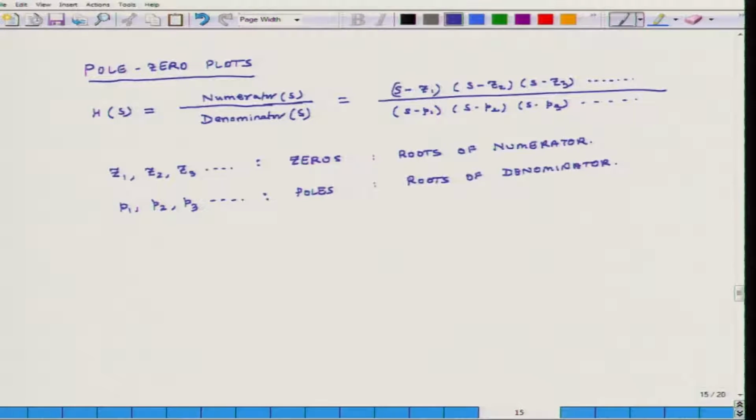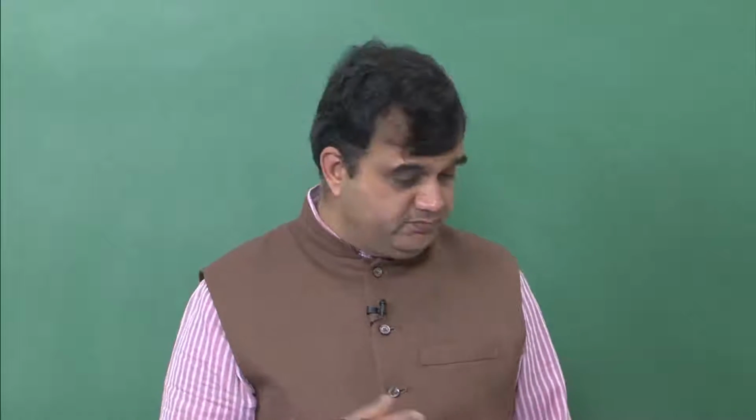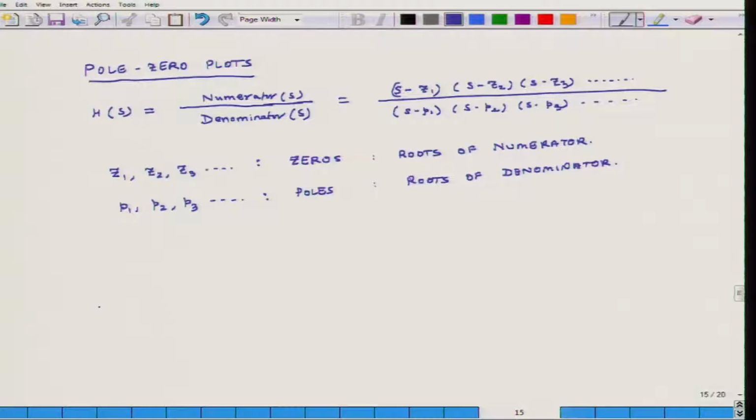So, when the complex frequency becomes equal to at least one of these roots of the denominator, then the value of the transfer function at that complex frequency becomes infinite. So, at poles the transfer function becomes very large, at zeros the transfer function approaches 0.